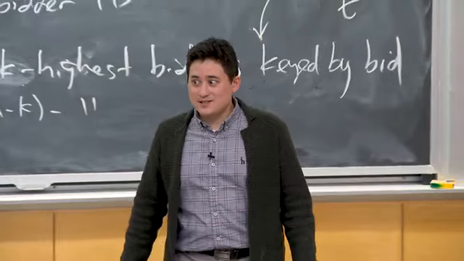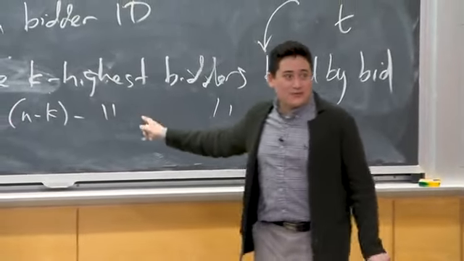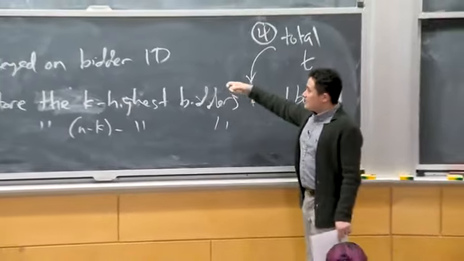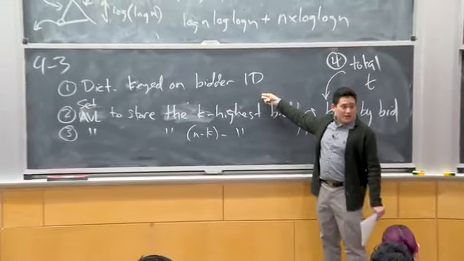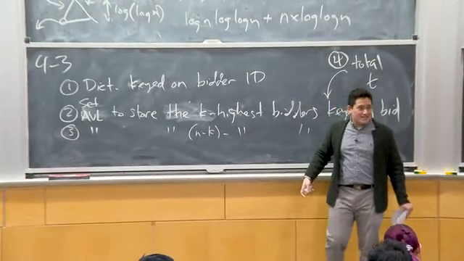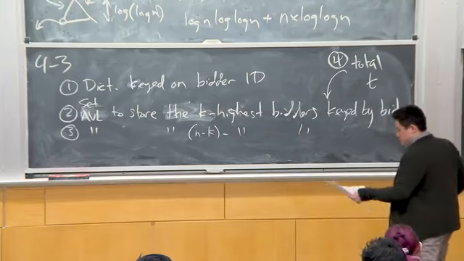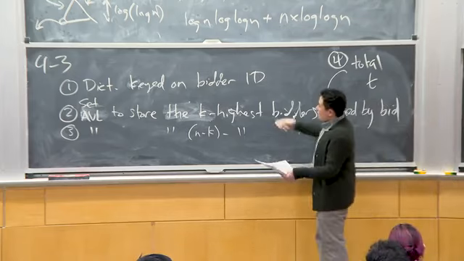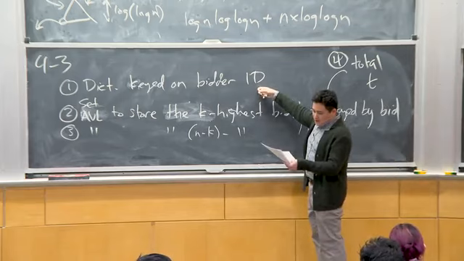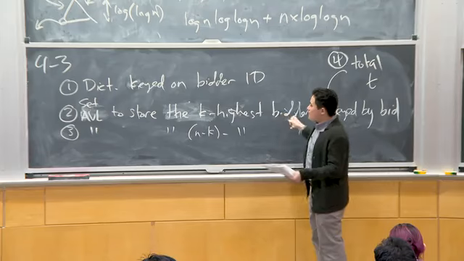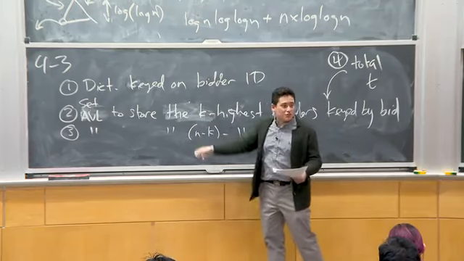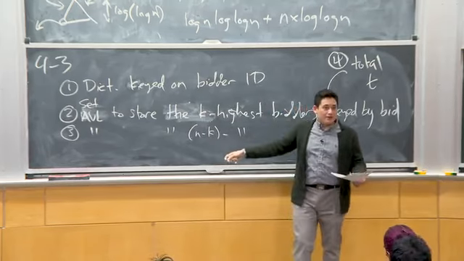Any other questions? We really need to kind of move on here. Dictionary keyed on bidder. We still haven't implemented any dynamic operations. New bid, what do we do? What am I going to need for my update? I'm going to need to essentially find in each of these data structures where that bidder is.